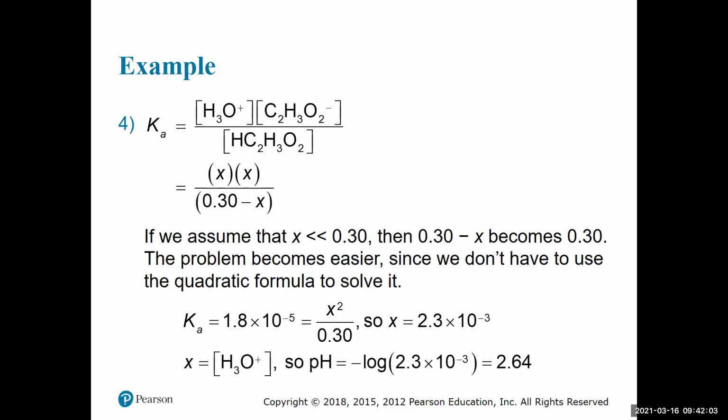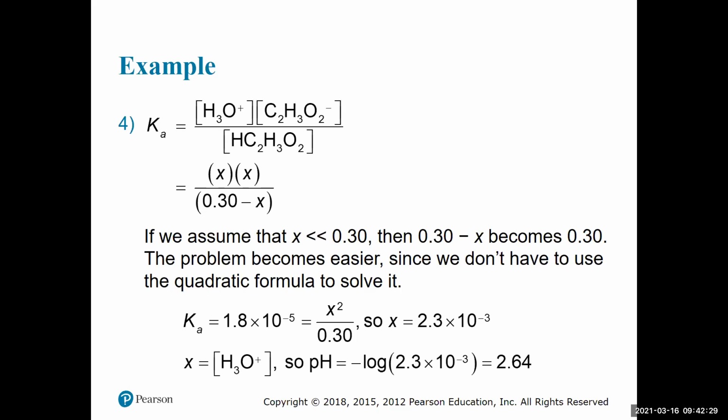So if we assume that X is going to be a pretty small number relative to 0.3, okay? And if you think back on that example we did on the formate, I think it was like 3-4% or something. That's a pretty small amount, especially when we only have two significant figures in our concentration.